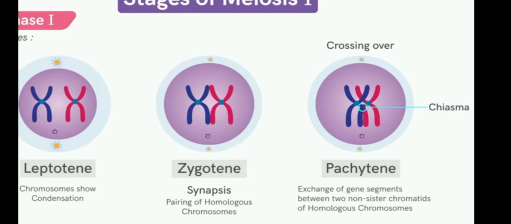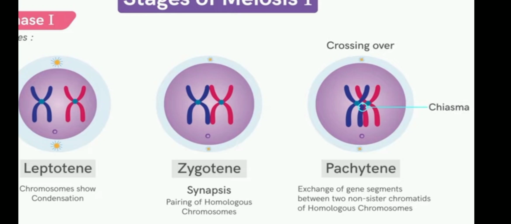They do not completely separate, but they remain attached together at one or more points by an X-shaped arrangement. Can you notice? This X-shaped arrangement is called chiasmata or chiasma.